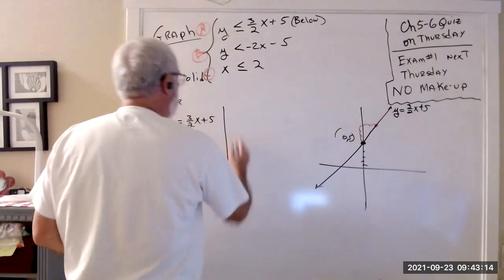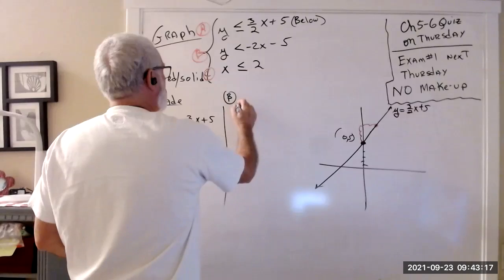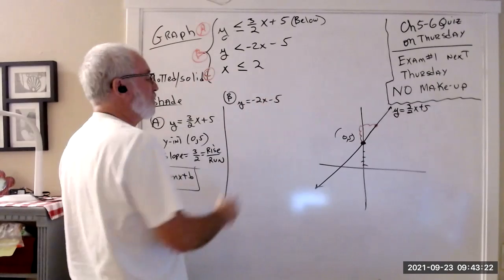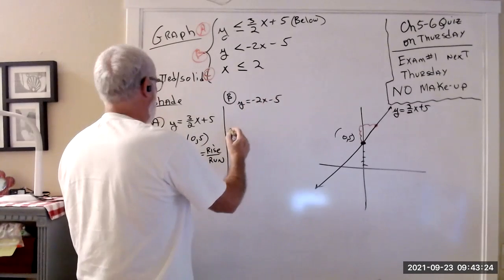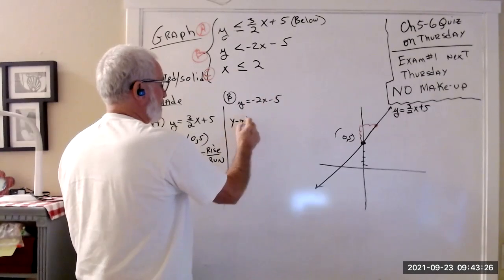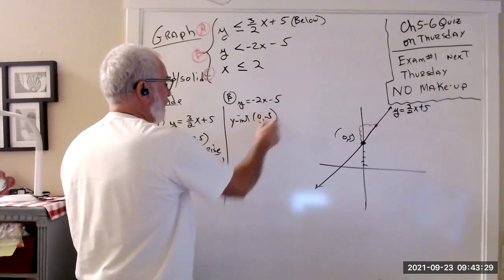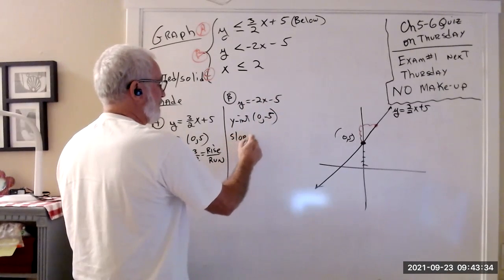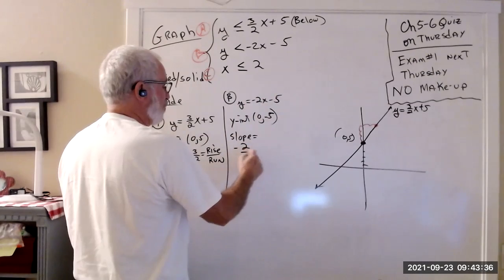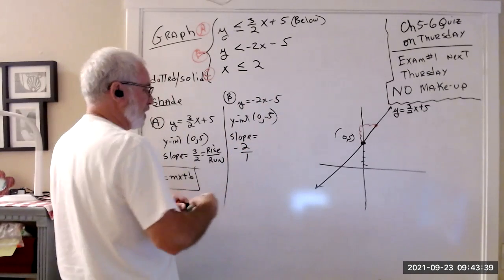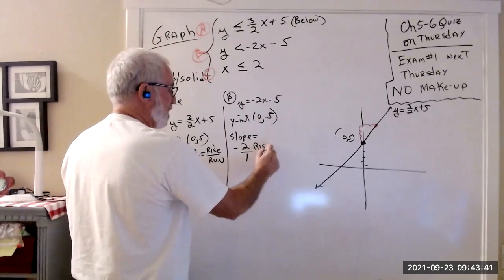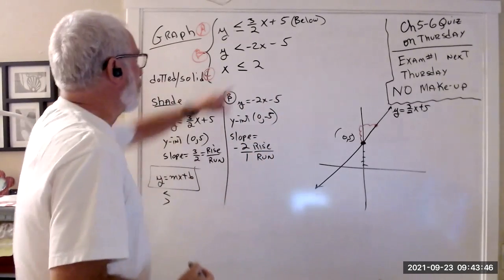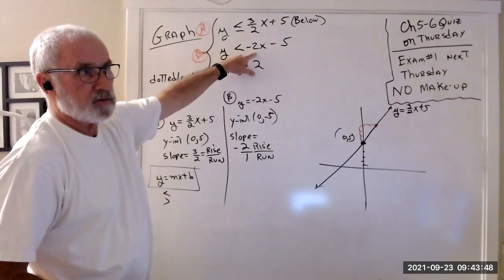Now we move to line B, which is y equals negative 2x minus 5. Again, our y-intercept is (0, negative 5). And my slope, this is where you need to be careful, is negative 2/1. Remember, slope still has to represent rise over run, so you have to be able to put in the invisible 1, even though they didn't write it there.